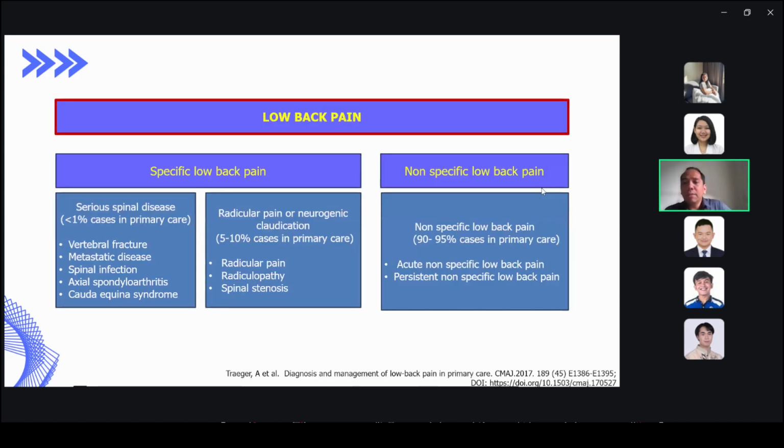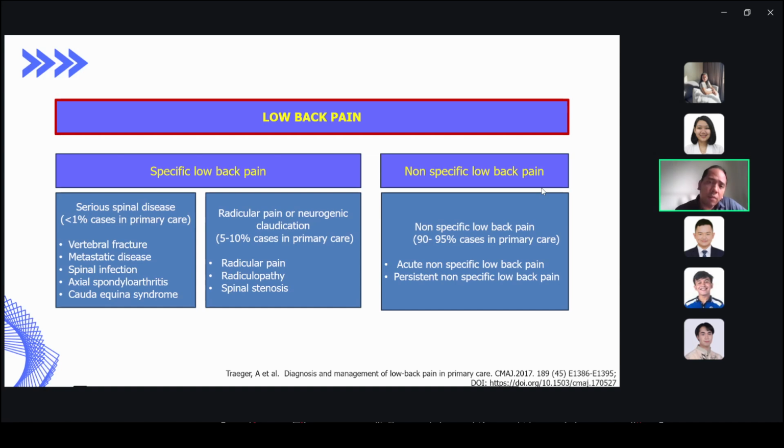But when we talk about the non-specific and specific, we have to first lay the foundation from the root word, specific. Because we are diagnosing this patient as non-specific, so meron ding term na specific.